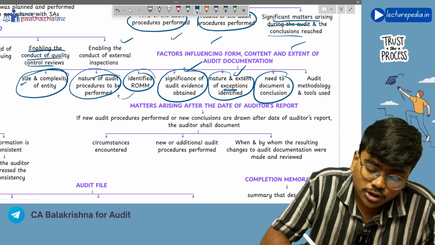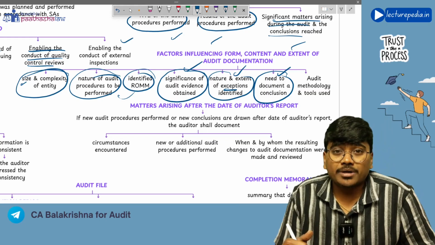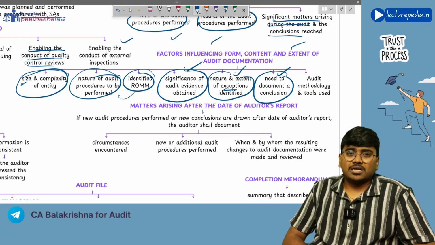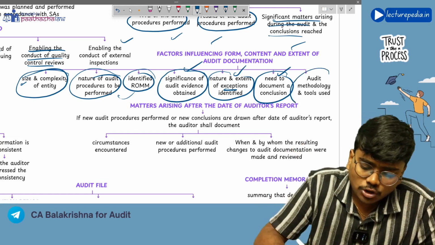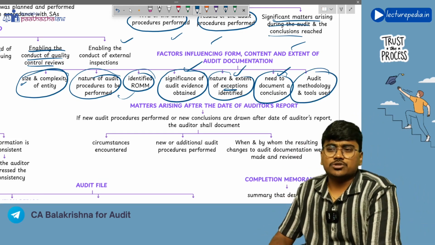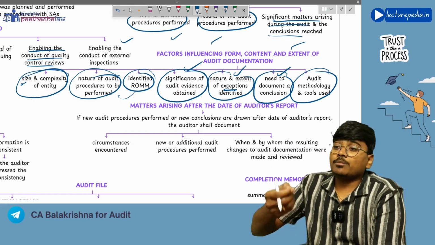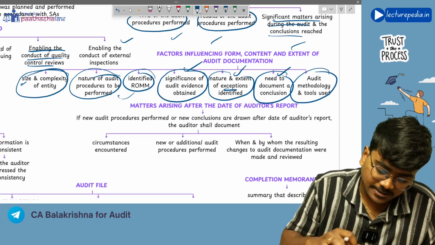Next, need to document a conclusion. You should also see whether there is a particular need to document a conclusion. Let's say a law or regulation has asked you to document a particular matter, then you have to clearly document that aspect, correct or not? Next, audit methodology and tools you have used. So all these factors will influence the form, content and extent of audit documentation. Got it? Yes.